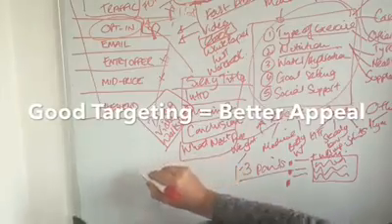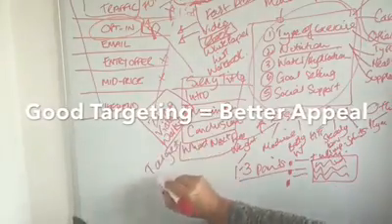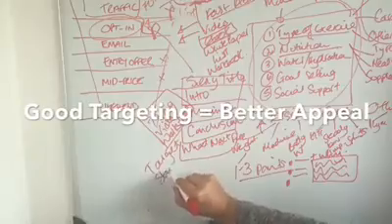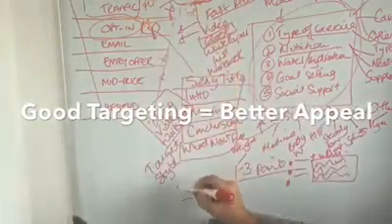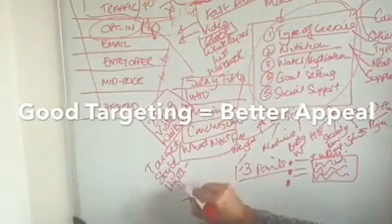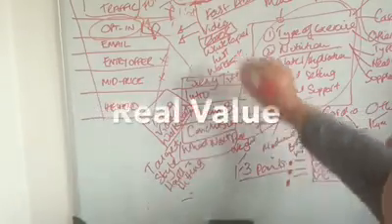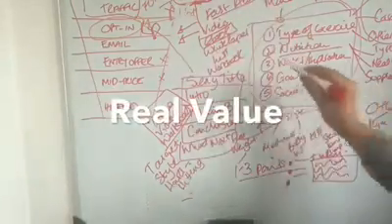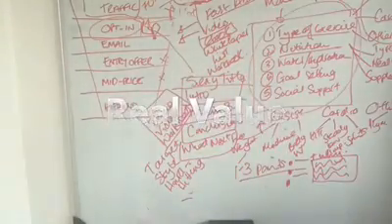So the more targeted it is, the more it appeals to the style of learning that your niche requires. The sexier the title or the more hard-hitting it is, the more likely you are to get that opt-in, and the more likely you are to produce something of real value for these people. That's it.